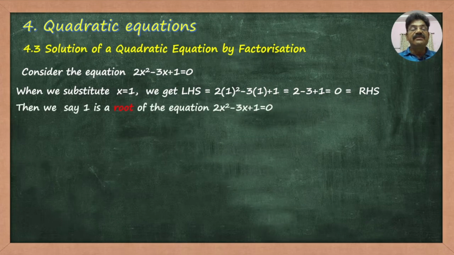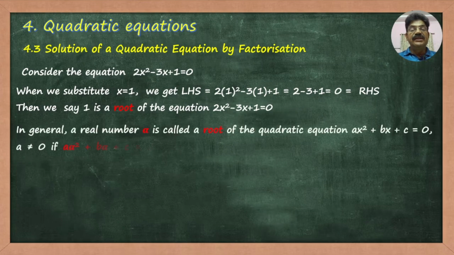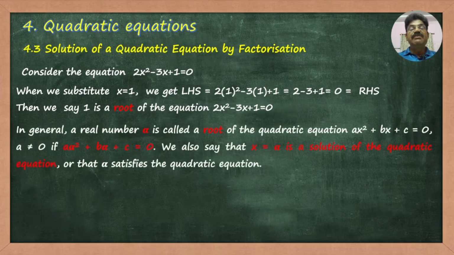In this case, we say 1 is a root of the equation 2x² − 3x + 1 = 0. In general, a real number alpha is called a root of a quadratic equation ax² + bx + c = 0 if a·alpha² + b·alpha + c = 0. That is, you just replace x by alpha and evaluate the value.